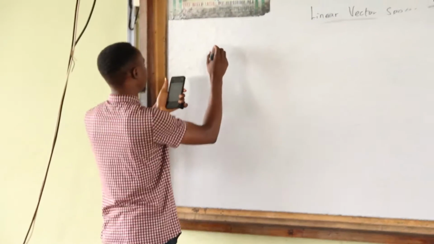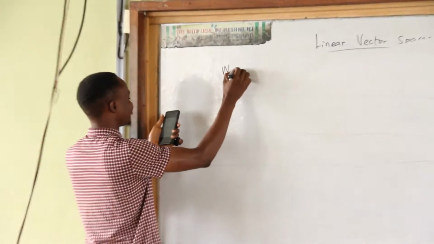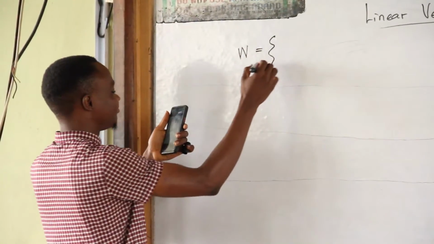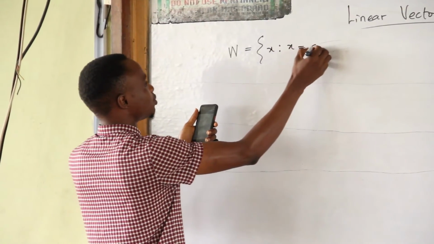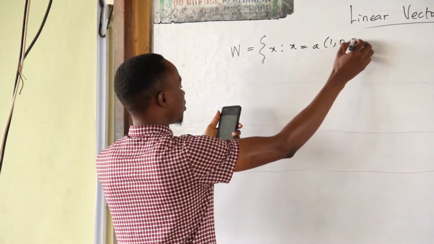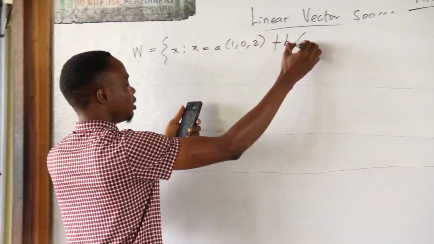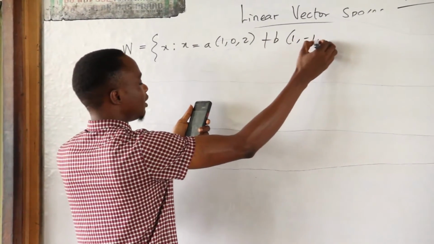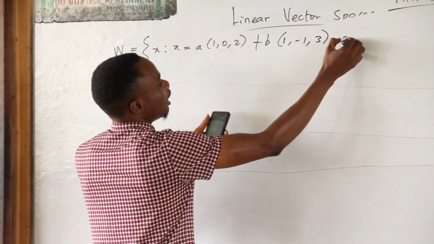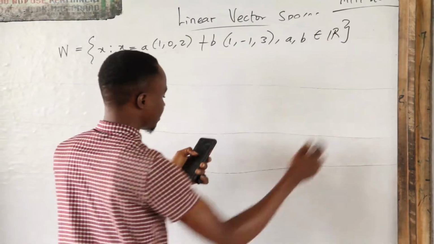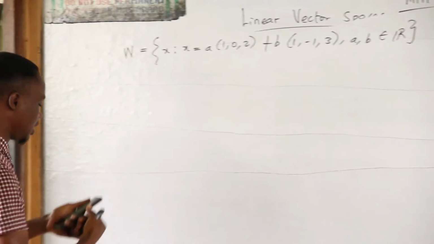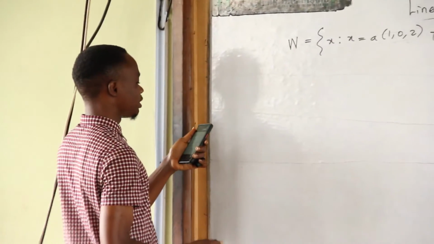So you have been given W to be x such that x is equal to a times (1, 0, 2) plus b times (1, -1, 3), and a, b element of R. That's the way we define the space.